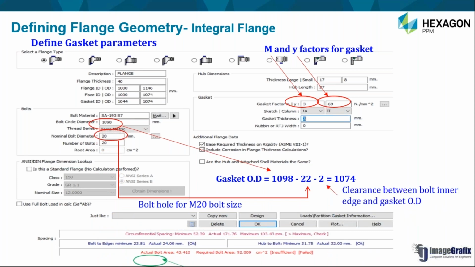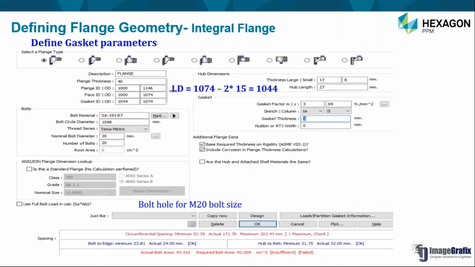Okay. That's how we should have the gasket OD fixed. And then we have to consider 15 to 20 mm as your gasket width, and from that we have to calculate the gasket ID.